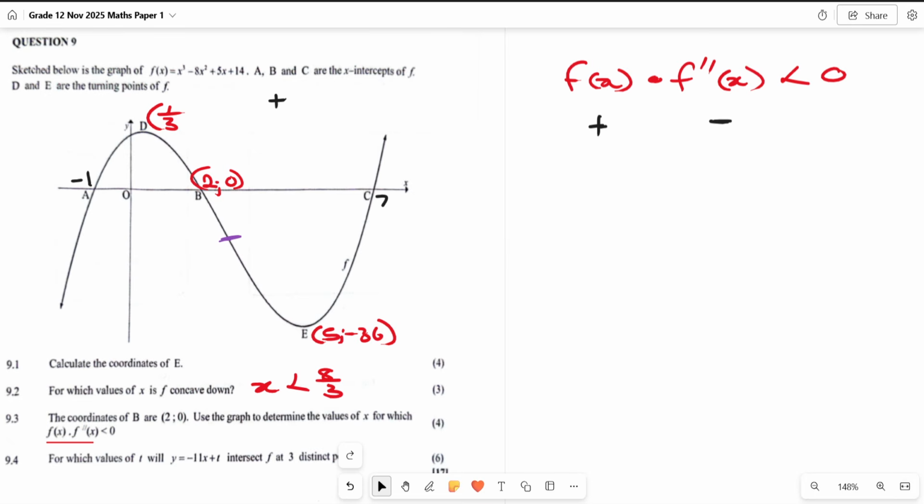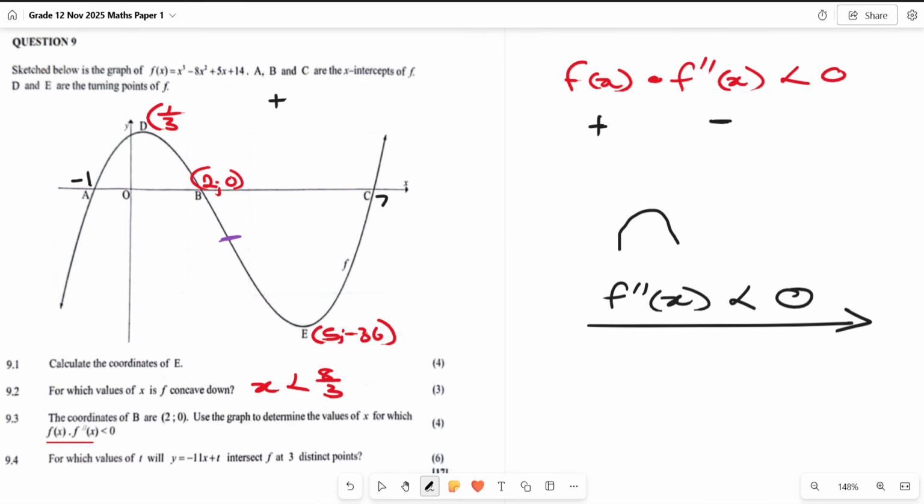So when your graph is concave down, the derivative of the derivative is less than 0. Does that make sense?